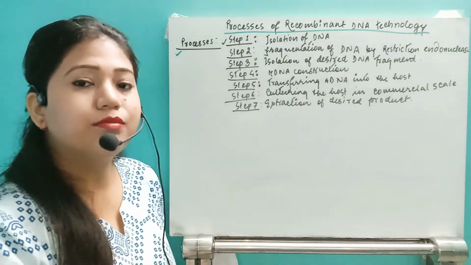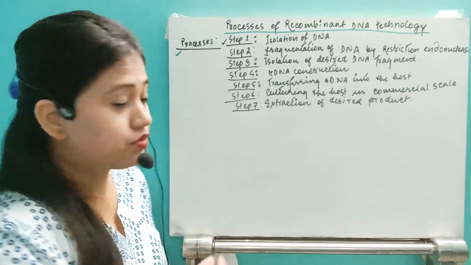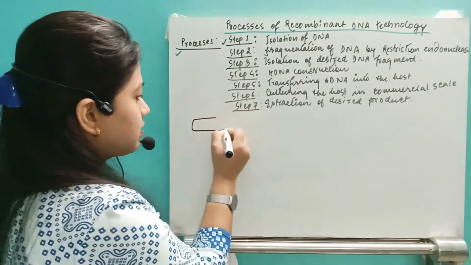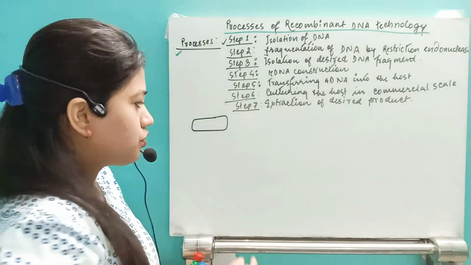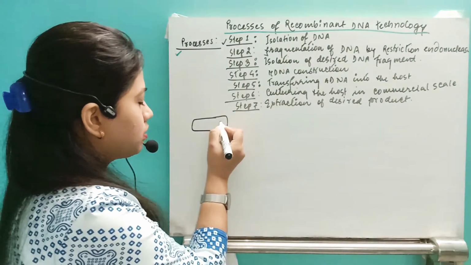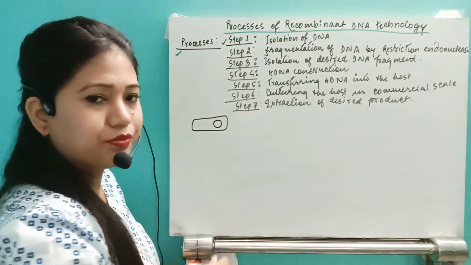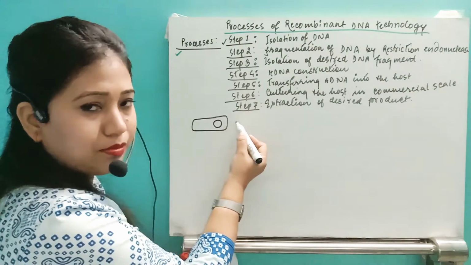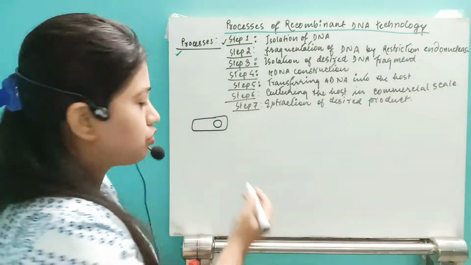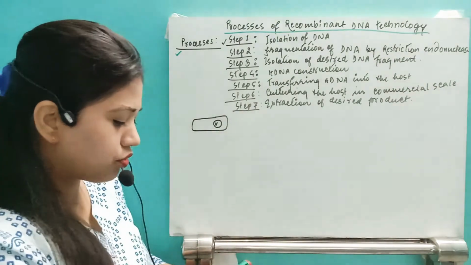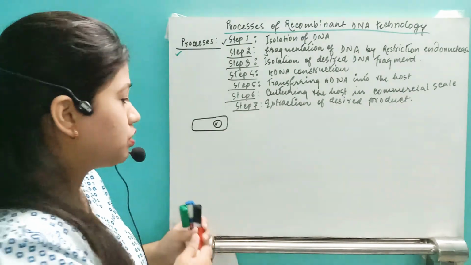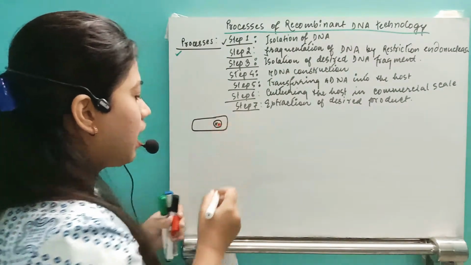So how are we able to find the DNA? Because we know that the DNA is present inside a cell, isn't it? Suppose this is one eukaryotic cell, so it will have the cell membrane and the nuclear membrane. Here the DNA will be present, RNA will also be there.